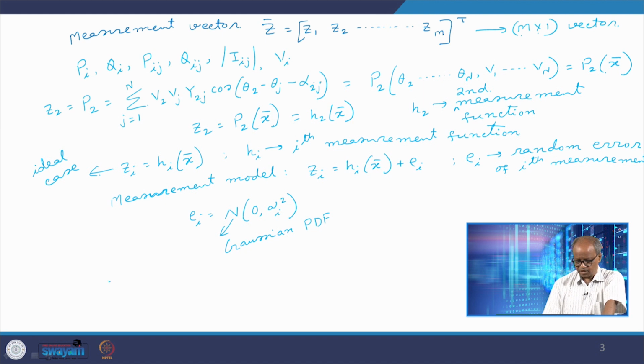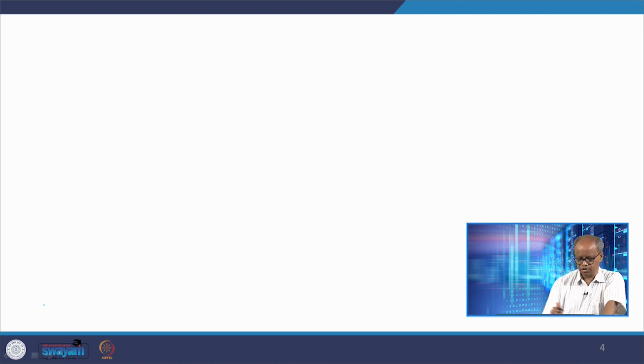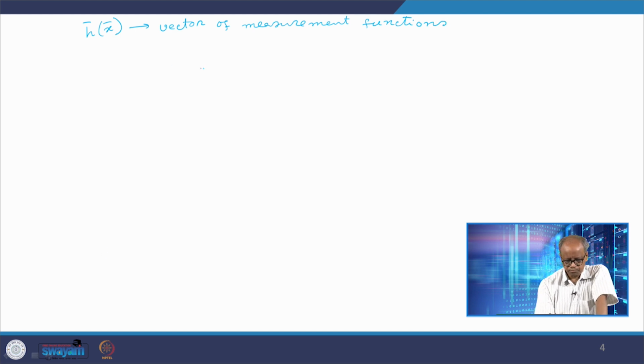So, then as a vector I have z is equal to h of x plus vector e. This vector z we have already defined. What is this vector h of x? This is the vector of measurement functions. Please note this x bar inside the bracket denotes that this vector is a function of the states to be estimated.